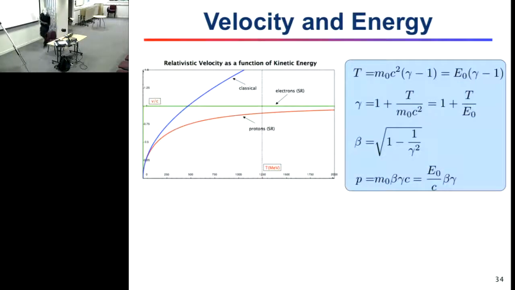It is in fact the same as the proton one, just squashed down by a factor of 1,000. Was it 1,000? No, 2,000, isn't it? So if you take this red line and you squash the scale by a factor of 2,000, you'd end up with the green line. That's all that's going on. It's just that because electrons are so light, by the time you get to TeV, they're virtually going at the speed of light.